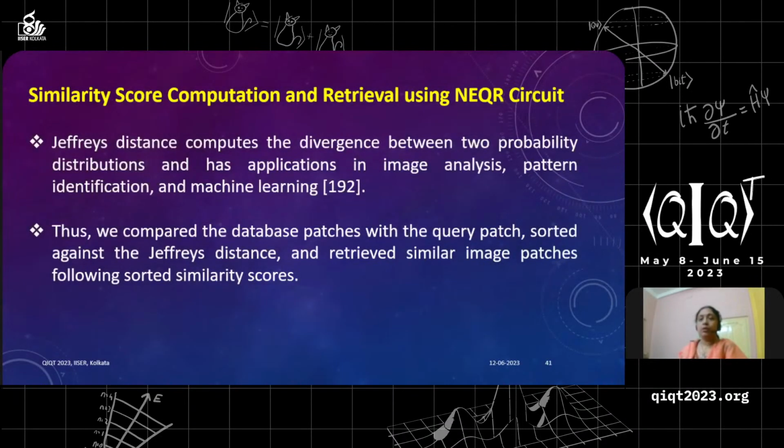In our case, we have used Jeffrey's distance to compute the divergence between two different probability distributions, one of the query patch, another of the database patch. In this way, we computed the Jeffrey's distance, and according to it, the images are sorted and similar images are retrieved.